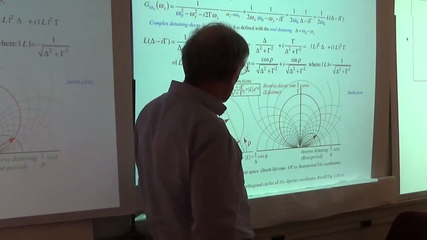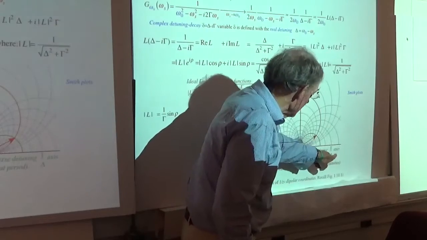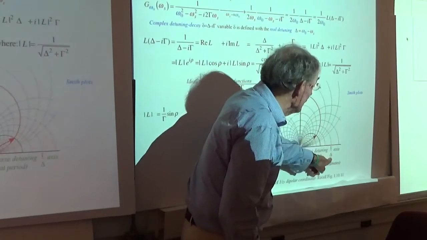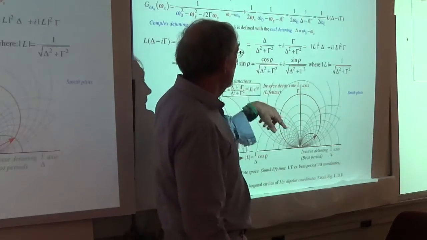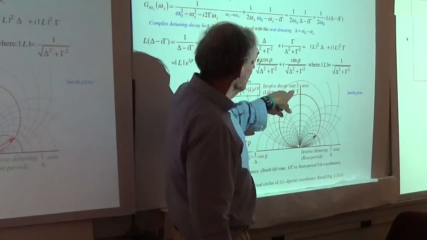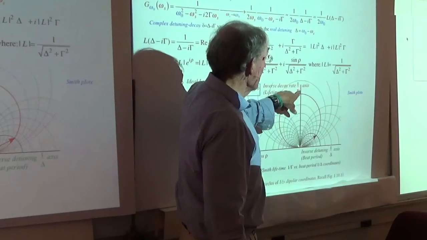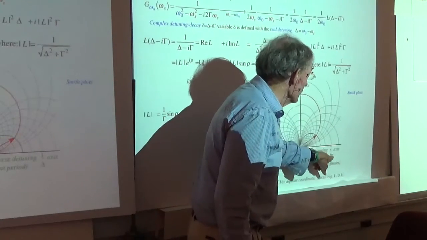So what we're going to be doing here is looking at the beat period axis. That's the inverse detuning thing, 1 over delta, the detuning. And this is going to be the lifetime axis here. Decay rate, inverse decay rate is lifetime. 1 over gamma versus 1 over your detuning.